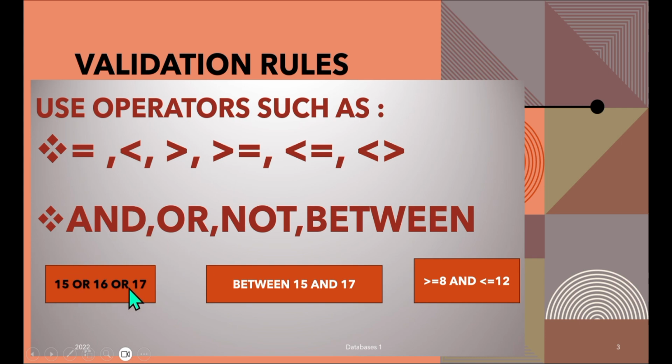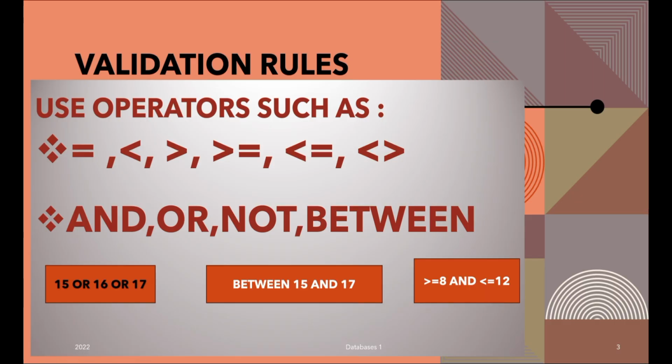Or instead of writing this, I can say between 15 and 17. Maybe I want to show all the learners at my school who are in grade 8 up to grade 12. So I can use greater or equal to 8 and less or equal to 12. So these are the operators that we can use in a database.